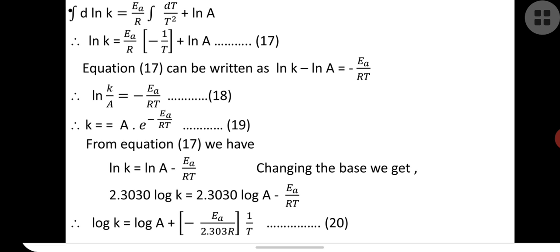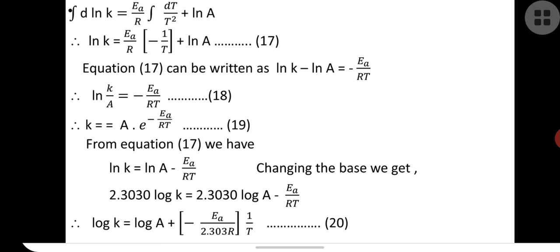It is equation 17. Equation 17 can be written as ln k minus ln A is equal to minus EA upon RT. Therefore, ln of k upon A is equal to minus EA upon RT.